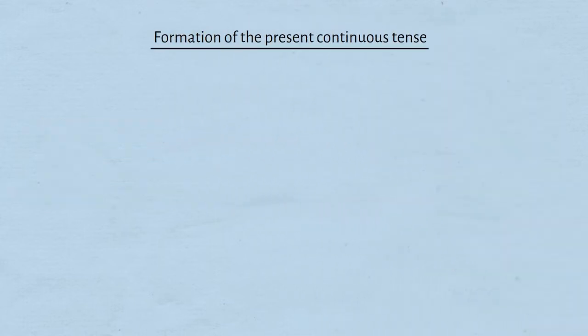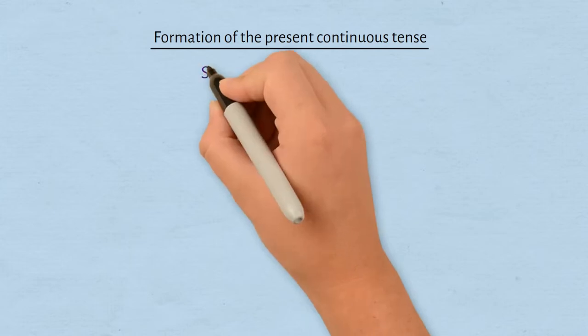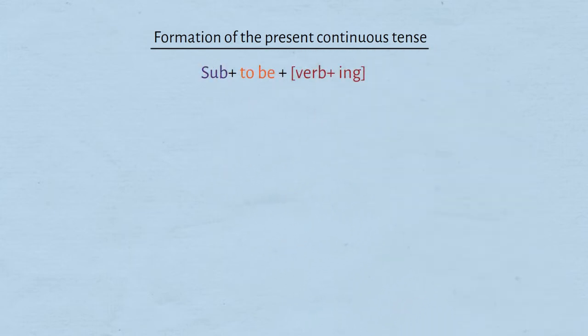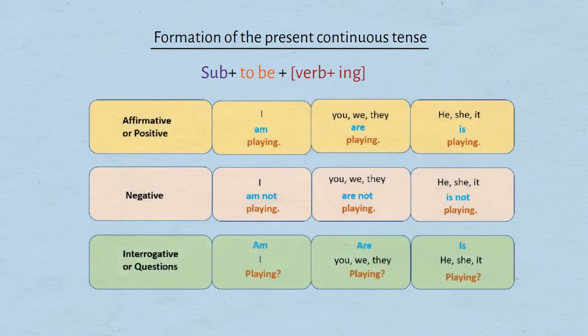Now let's see the formulation of the present continuous tense. To make this tense, we use the subject plus to be plus verb-ing. We are adding an ing along with the base verb. For example, playing, walking, talking. So here in the table, you can see we have the first segment, which is the positive or affirmative.